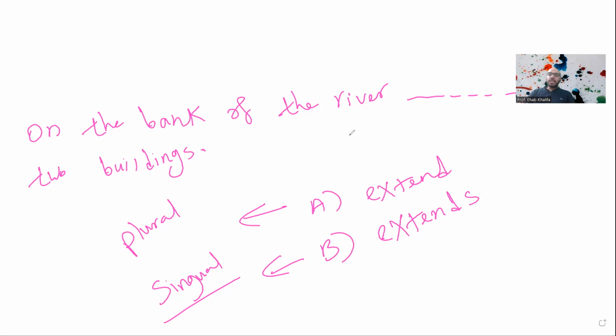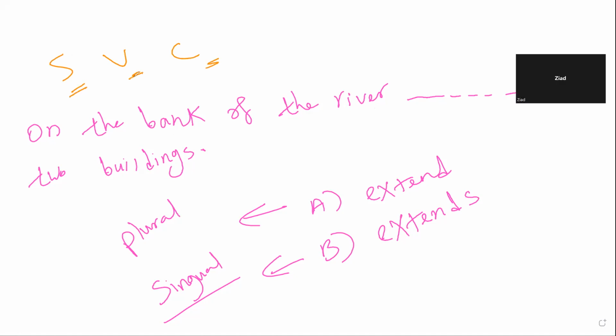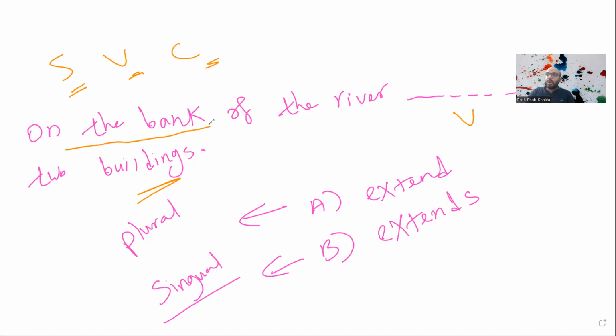See, guys, this is the inversion case. English is an SVC language: subject, verb, complement. So the subject, then the verb. What do we have now? We have verb first, then the subject. How come? I cannot say bank is the subject because bank is part of a prepositional phrase, on the bank.